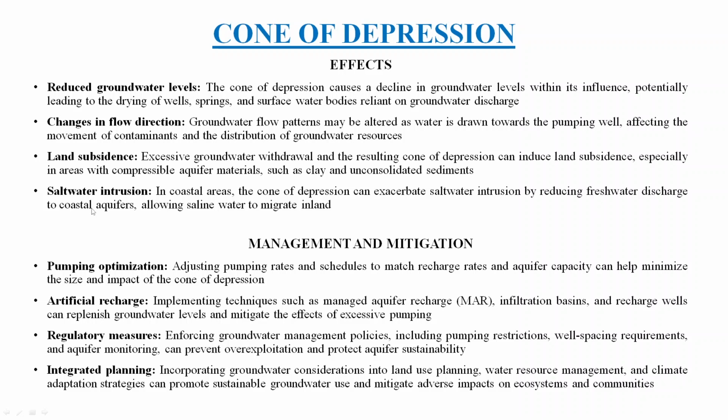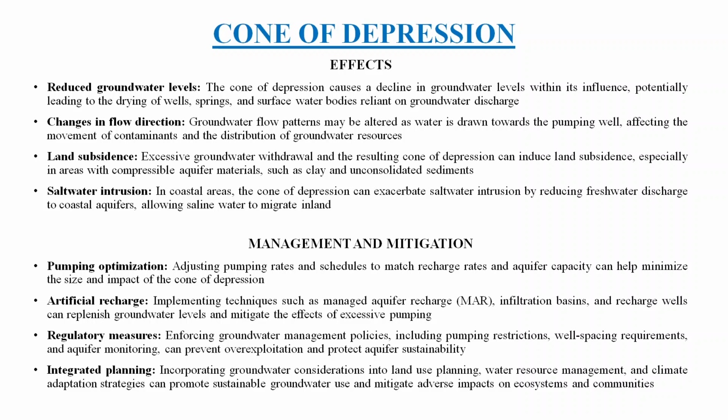So, to manage and stop this kind of formation of cone of depression and its effects, we can manage it by optimized pumping, meaning pumping at regular intervals, not erratic pumping or pumping water daily on a day-by-day basis. You are overproducing groundwater, so you have to put a stop to it.